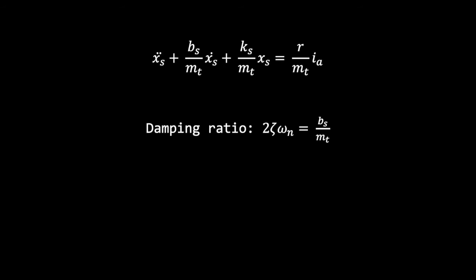And 2 zeta omega n represents 2 times zeta, the damping ratio, and omega n, the natural frequency. And secondly, the natural frequency is omega n squared, which is equal to the spring constant divided by the mass of the table. Once you find the natural frequency using a given spring constant and mass, you can go ahead and find zeta as well.